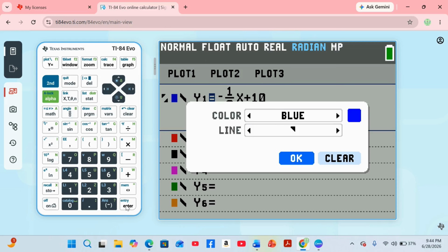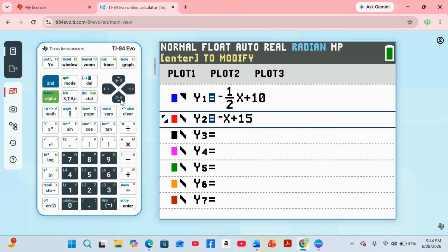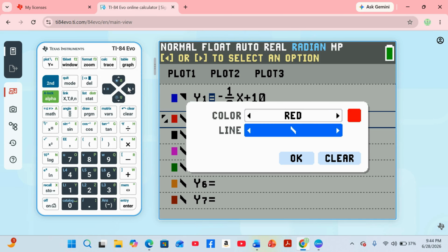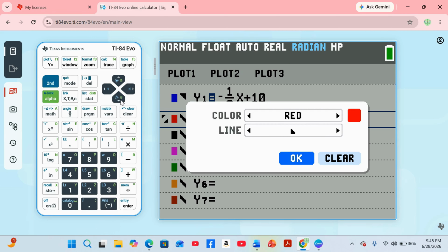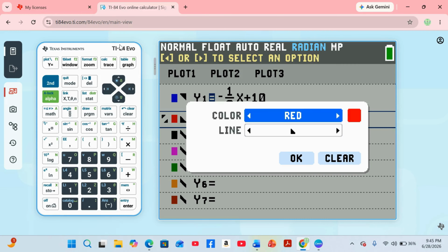And here the line should go downwards because it's less than. Then change the lines to go downwards. This is just for the graphing. So let's graph it now.